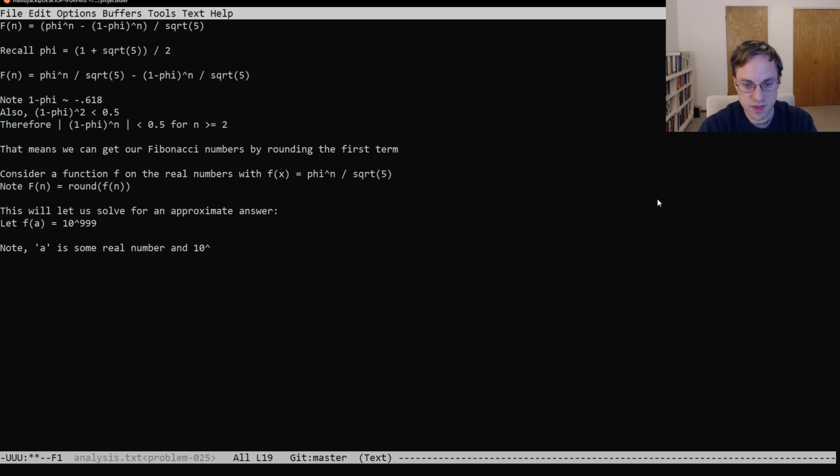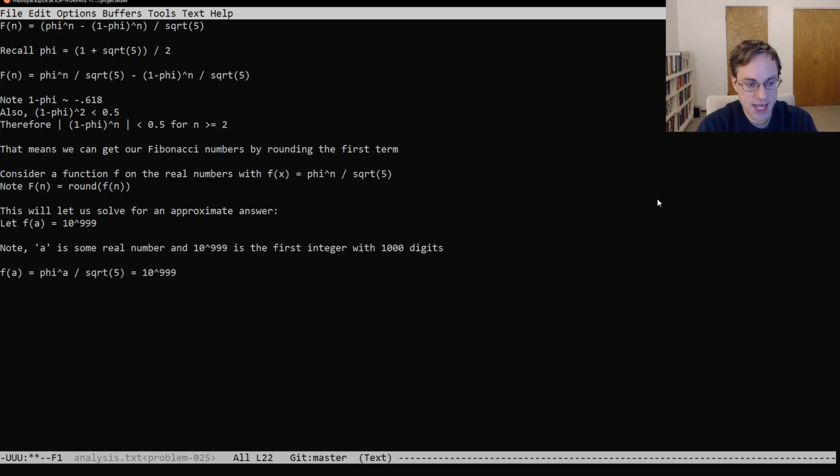Okay, so now we can actually solve for a without too much difficulty. We'll just say f of a is equal to phi to the a over square root of 5, which is equal to 10 to the 999.